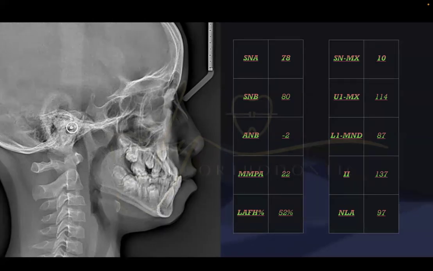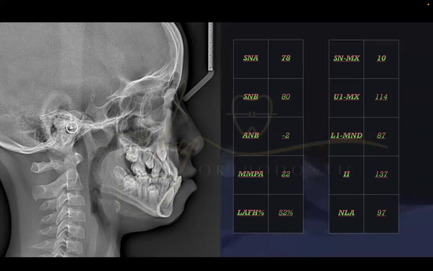Okay. And what is a face mask? A face mask is a reverse headgear used to correct the class 3 skeletal pattern, in order to facilitate the maxillary growth.